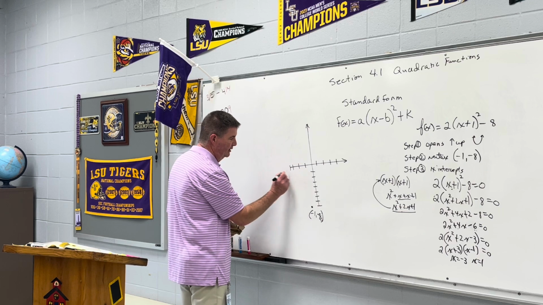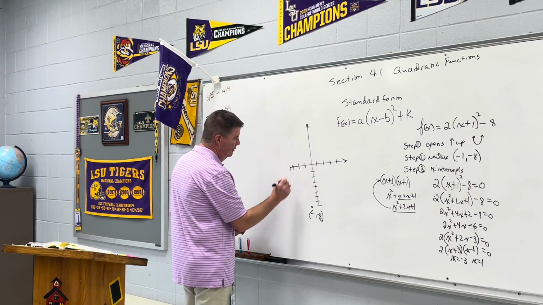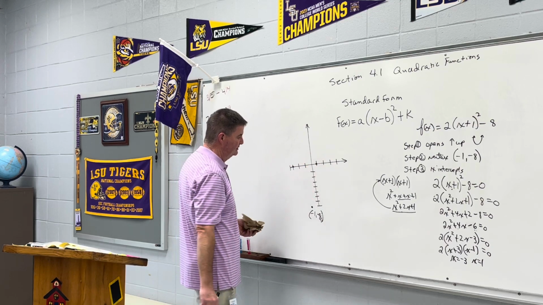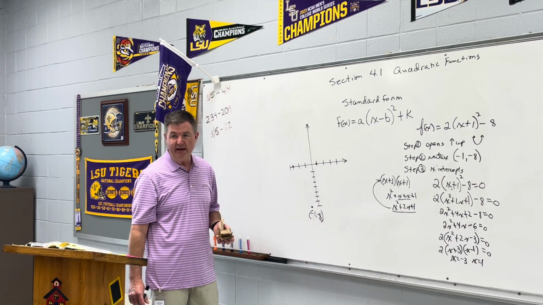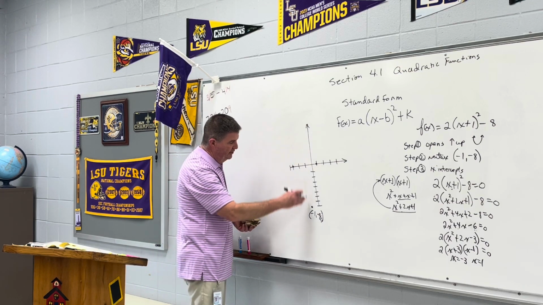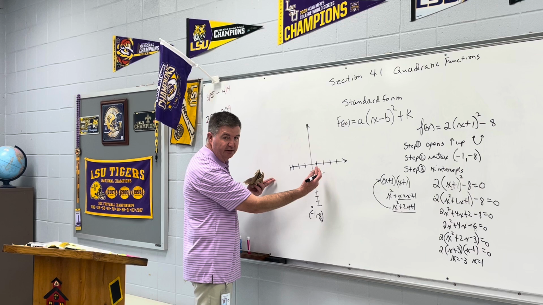So at -3, we cross the x-axis, and at +1, we cross the x-axis. Now, one thing we know about parabolas is they're symmetrical. So through the vertex, it opens like a book.